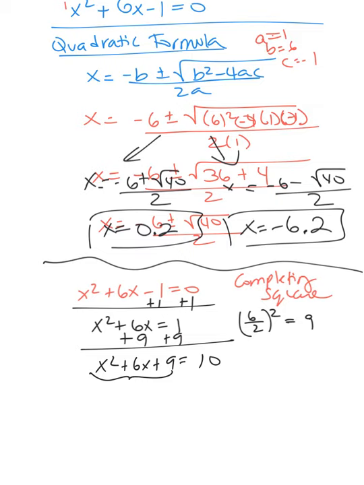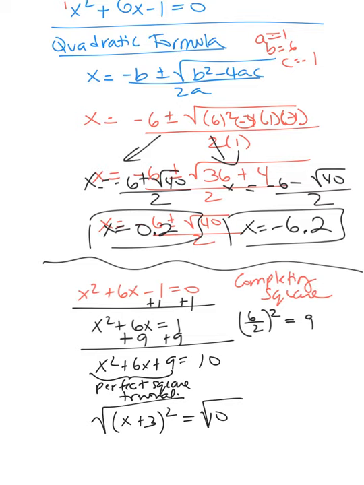Remember that this left side will always be a perfect square trinomial, so it gets rewritten as a binomial squared. So x plus 3 squared is x squared plus 6x plus 9. And then you take the square root on both sides to isolate x.